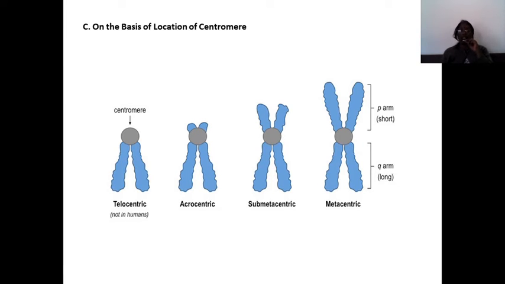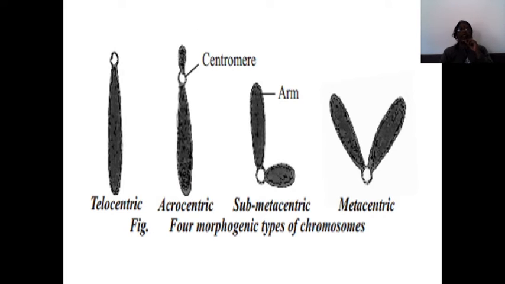Means on the basis of centromere, the chromosomes are classified as metacentric, submetacentric, acrocentric and telocentric. During anaphasic movement, these have V-shaped, L-shaped, J-shaped and I-shaped structures.